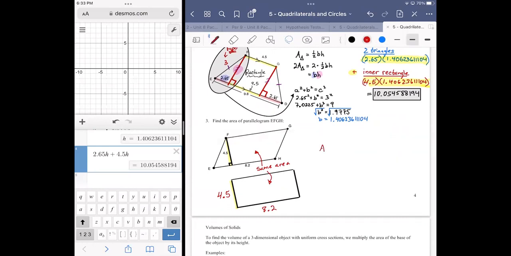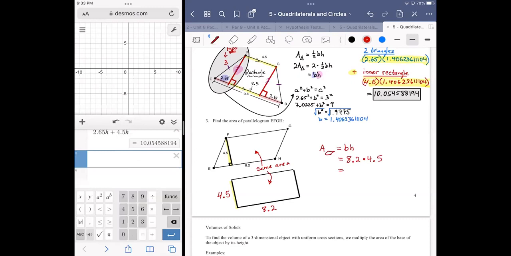So the area of a parallelogram is base times height. It's the same base and the same height as that of the corresponding rectangle. So in this case, 8.2 multiplied by 4.5. I just need to crunch those numbers, and I have it. So 36.9.